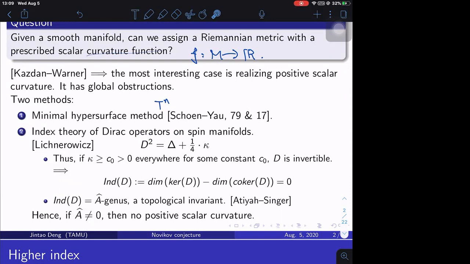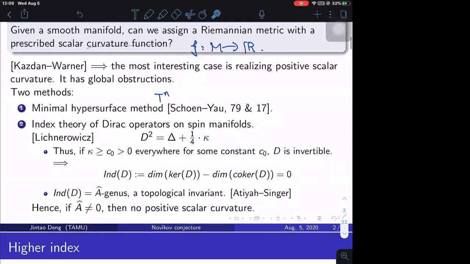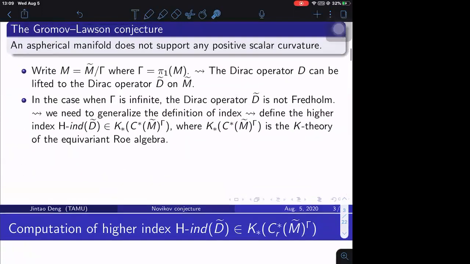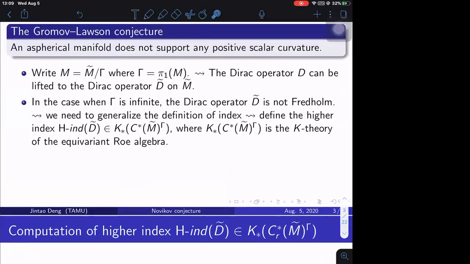So which means that if we go through all this machinery again, we all know the non-vanishing of the Roe index is also an obstruction to the existence of positivity of the Riemannian metric. So we really care: we should find some machinery to compute the Roe index.